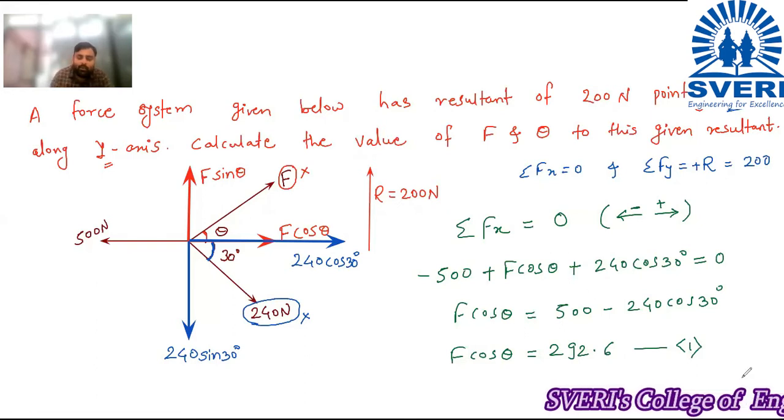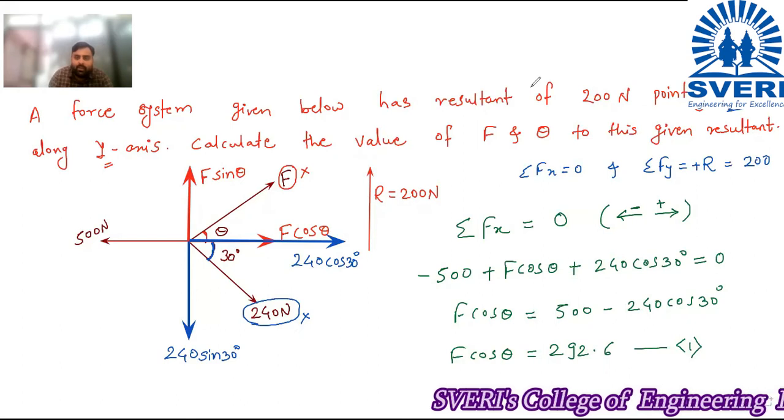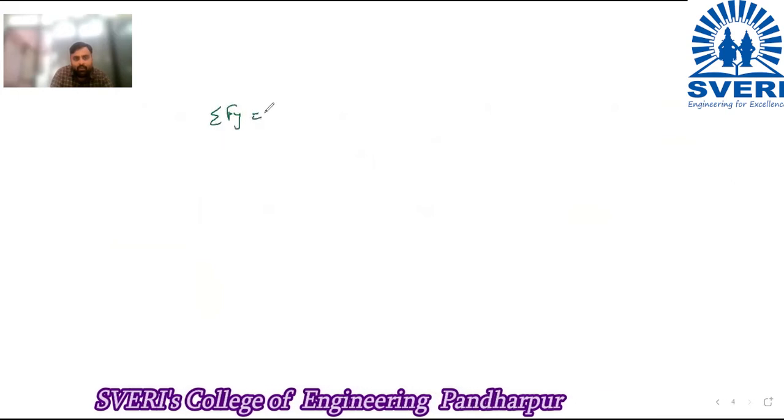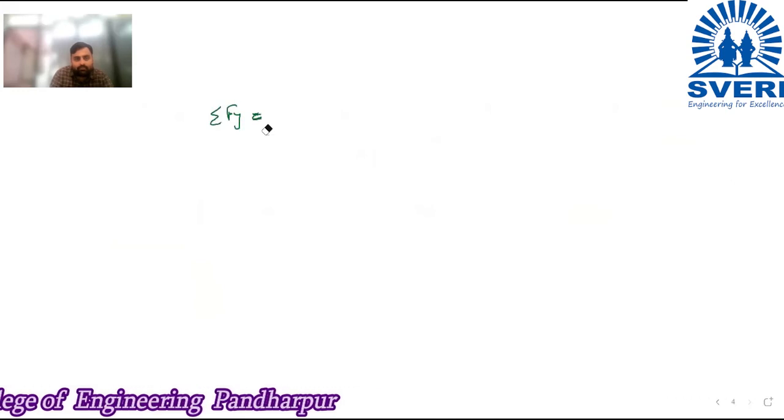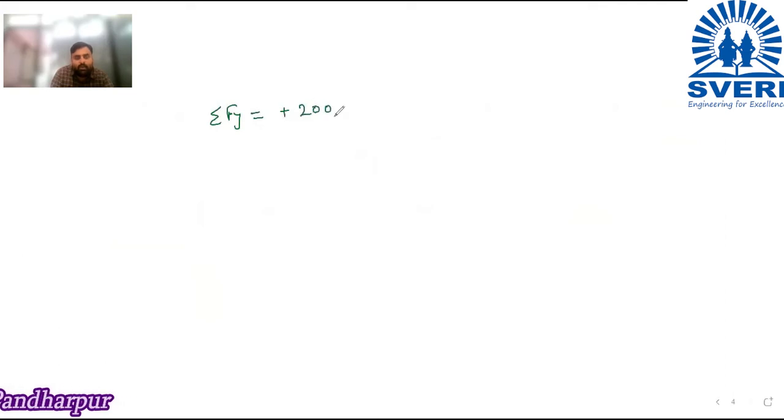Now I'm going to use the second equation, and my second equation is summation Fy is equal to plus 200. This is my second equation. Now in the summation Fy, how many forces will be there?